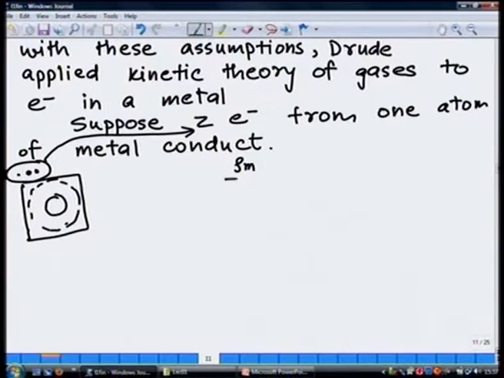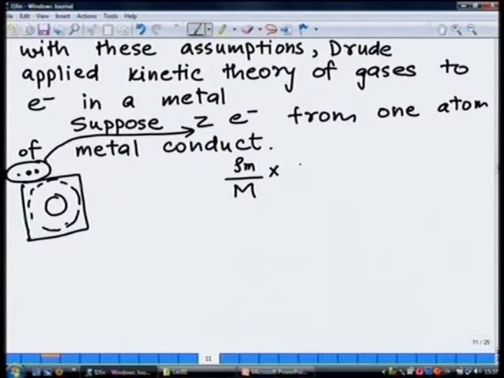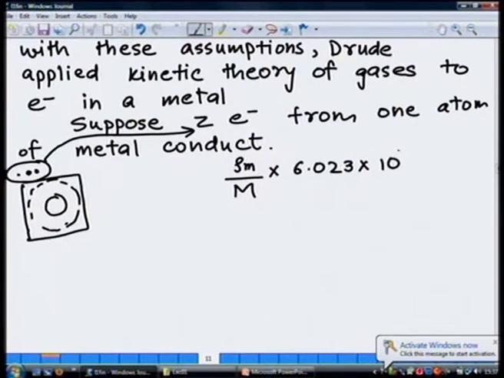If we divide it by the molecular weight of the metal, then I have things in moles per meter cube, moles per unit volume. If you multiply that by Avogadro number, 6.023 into 10 to power 23, then I have this many atoms per unit volume in a metal.